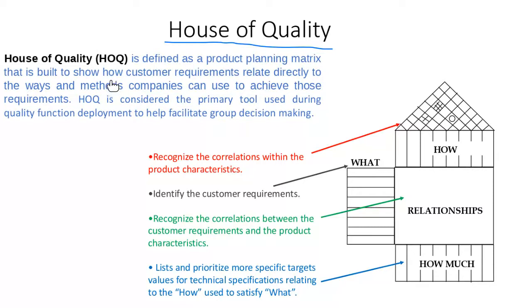So the definition of the House of Quality says it is defined as a product planning matrix that is built to show how customer requirements relate directly to the ways and methods the company can use to achieve those requirements. What does it mean?